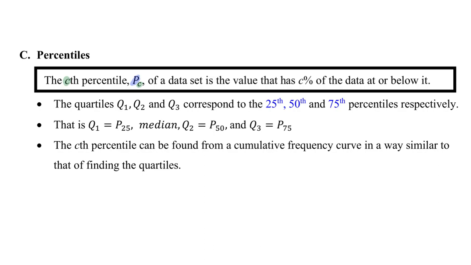So if I go back to what we previously learned about quartiles, the first quartile is Q1, the second quartile, which is the median, is Q2, and the third quartile is Q3. They actually correspond to the 25th, 50th, and 75th percentile, which means the lower quartile Q1 is the 25th percentile.